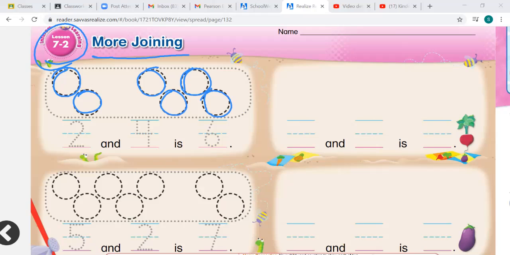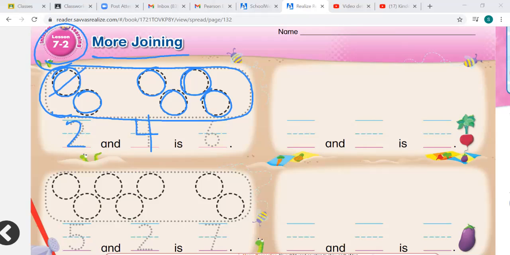All right, now let's show the tomatoes in all. So we have 2 on one plant and 4 on another. We have 2 groups, but we want to join our groups together. So we are going to circle both groups to make one group. 2 and 4 is how many?